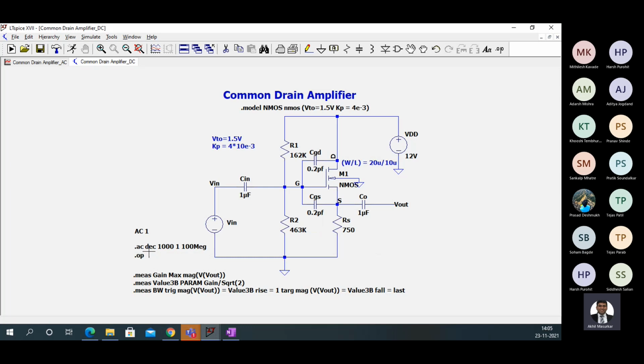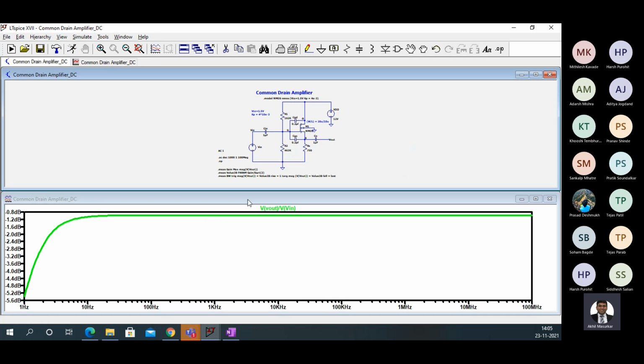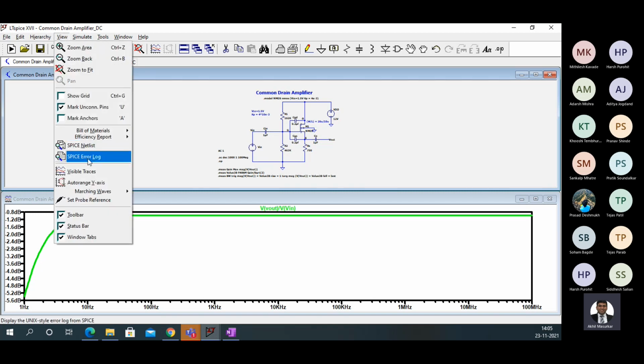So I'm having a dot OP here now, and again I'm saying run. When you say run again, you will get everything. But now since you have included a dot OP command with a dot AC command, you will be able to see the VGS, ID and the DC values at each and every point by using the SPICE error log.